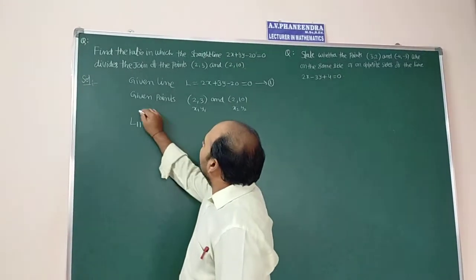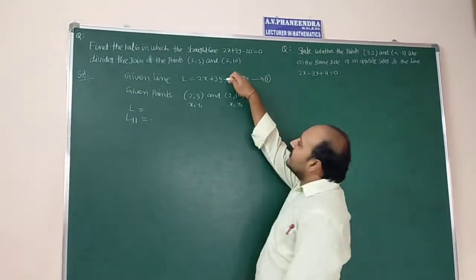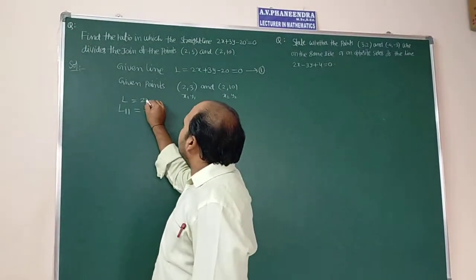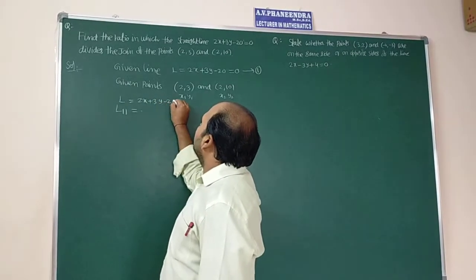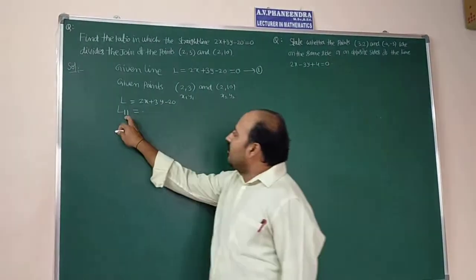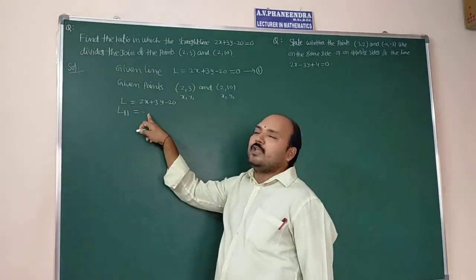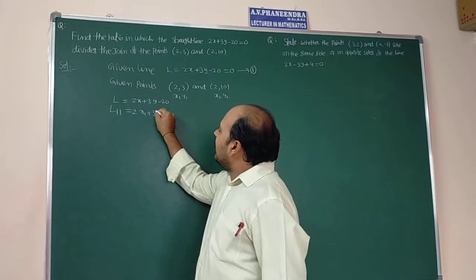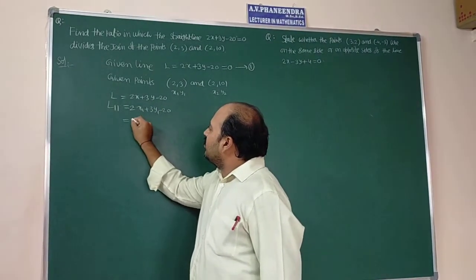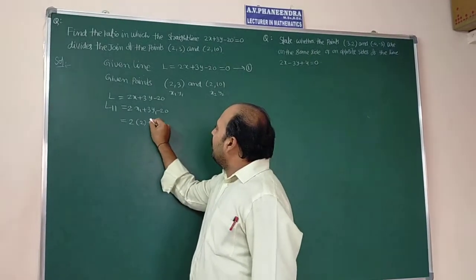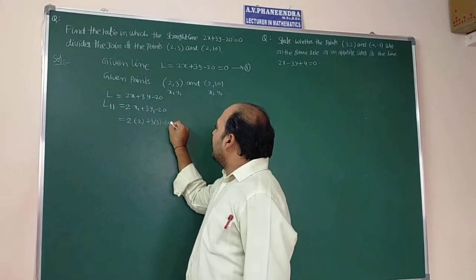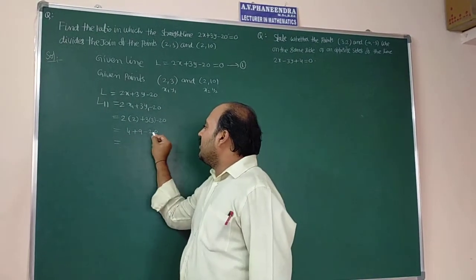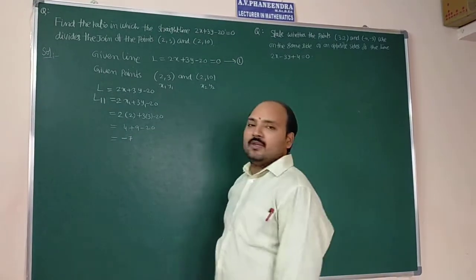L equal to, in the given line except equal to 0, is called L. So 2x plus 3y minus 20 is the value of L. L11 means we substitute the first point in this: 2 into x1 plus 3y1 minus 20, which is 2 into 2 plus 3 into 3 minus 20, which is 4 plus 9 minus 20, which is 13 minus 20, that is minus 7.